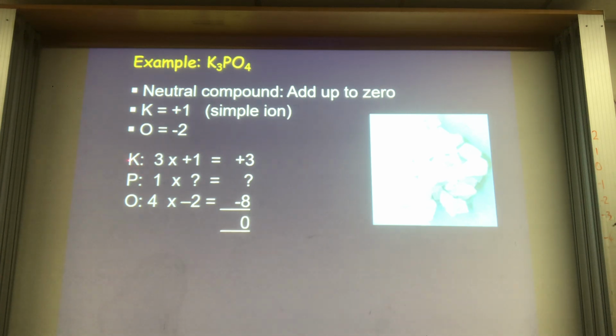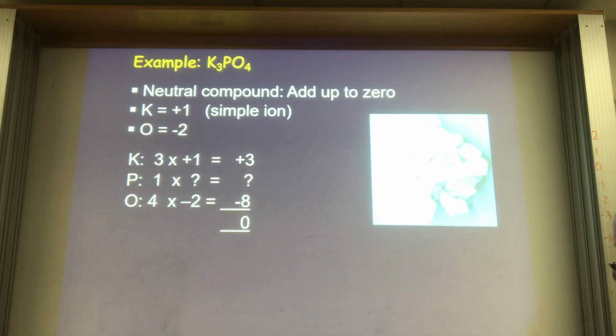We've got 3 potassiums, 3 times +1 gives +3. The one phosphorus we've got, we don't know what that is, that's the unknown, the X. We've got 4 oxygens, 4 times -2 gives us -8. Because it's a neutral compound, those 3 terms will add up to equal 0.